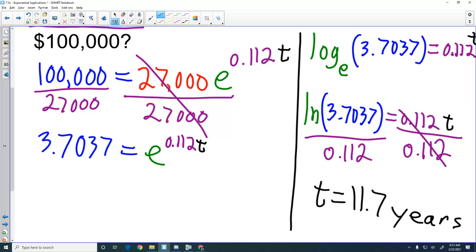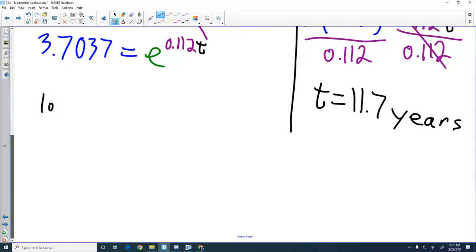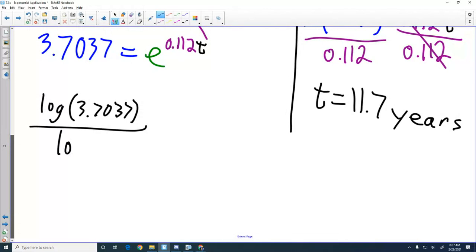Okay, so you wrote log of 3.7037 divided by the log of e, equals 0.112t. Yeah, so that's the change of base formula. You're 100% allowed to do that.